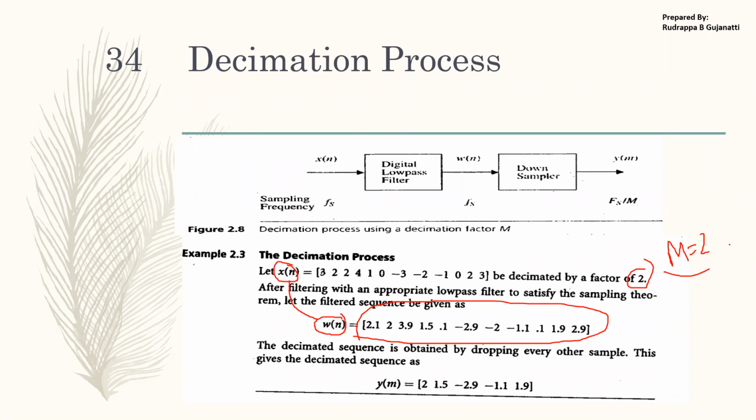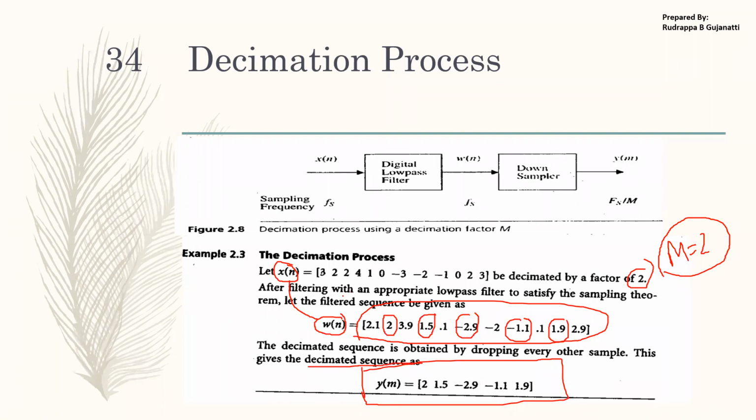What this implies is you retain every second sample of the filtered sequence. If I start from here, the every second sample is 2, then the next sample is 1.5, next is 2.9, next is minus 1 point something, and these are the samples we'll be getting over here. So this is the overall decimated sequence.